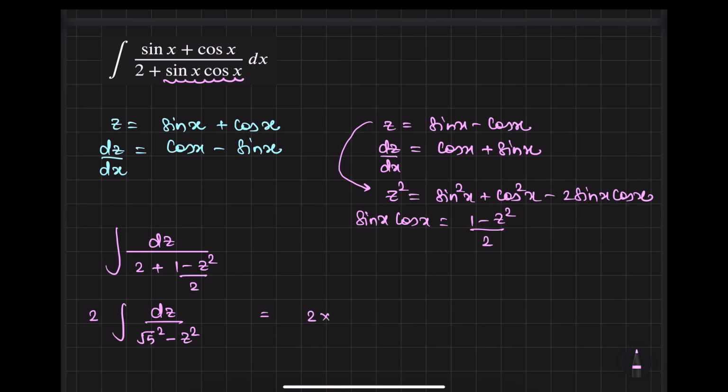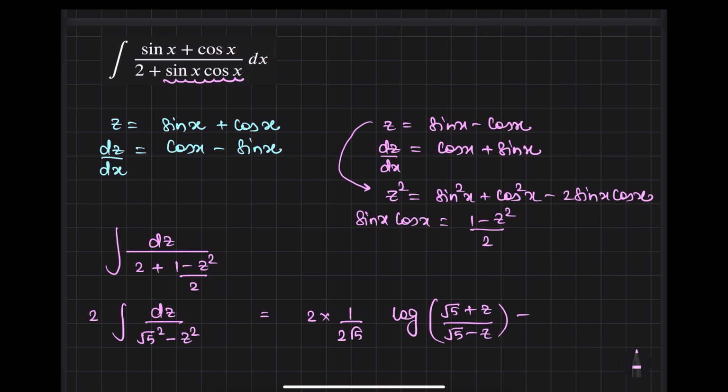So we will be using 1 by 2a, where a is root 5. If we are comfortable, we will be using tan. If we are not comfortable, we will be using log. And if x is bigger, we should write x minus a in the numerator, but if a is bigger, we will write it in the denominator. So root 5 minus z, and then root 5 plus z.